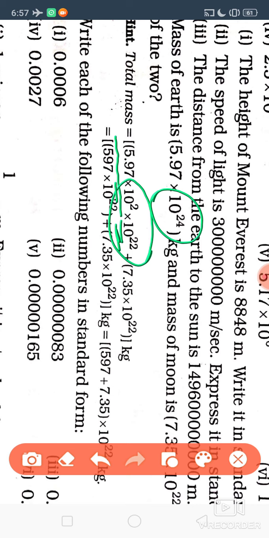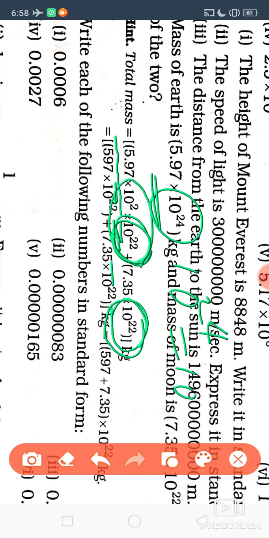And here 7.35 into 10 to the power 22. Why have we split it in this form? Because the power in the mass of the moon is 10 to the power 22, so here also we were supposed to make 10 to the power 22. So we split 10 to the power 24 and wrote 10 to the power 22 into 10 to the power 2.